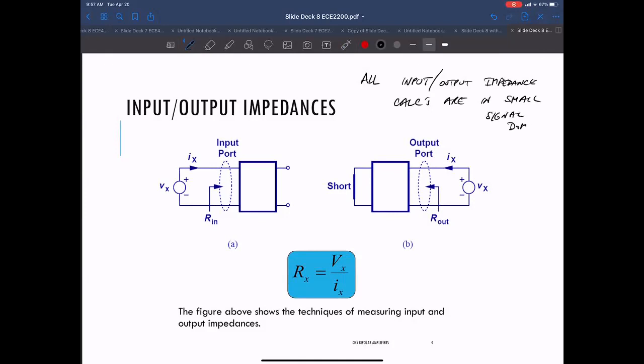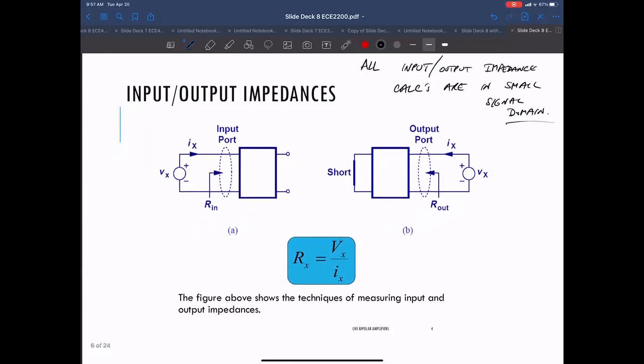So that's one. Okay, so the first thing you do is you would go, okay, I'm going to put my circuit in the small signal domain, so represent it there. And then I'm going to put in a test voltage on the input. Real sources have resistance associated with them, but this is a test input.